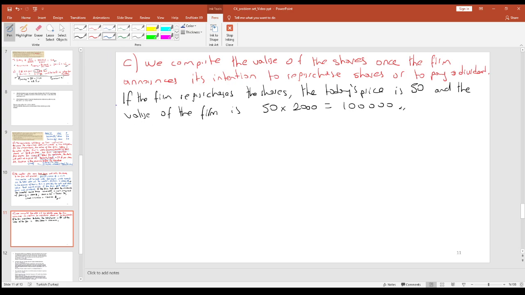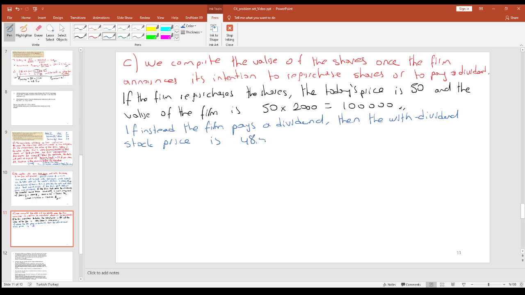If instead the firm pays a dividend, then the with-dividend stock price is $48.50.